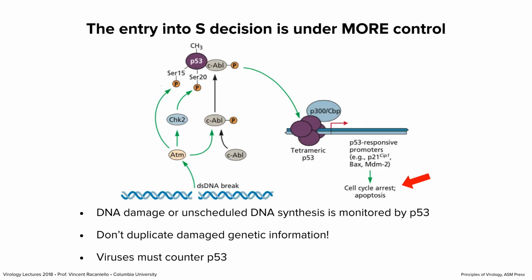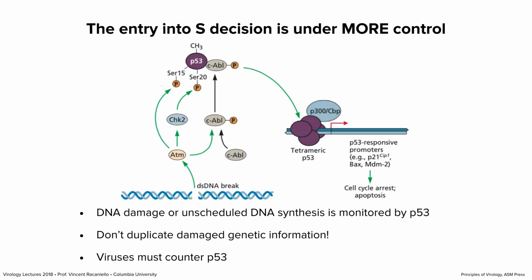So if P53 senses DNA breaks or unscheduled DNA synthesis like that, which would occur in a virus-infected cell, P53 initiates a cell-killing cascade. The reason is that the P53 is there so that we don't duplicate damaged DNA if it's not been repaired by our repair proteins.